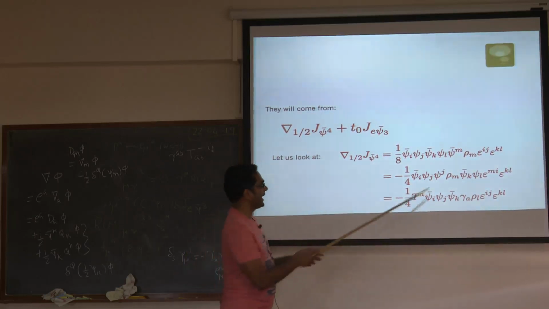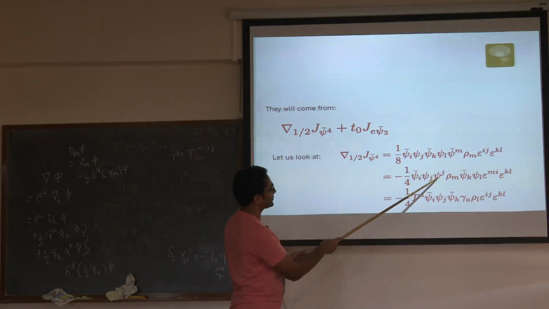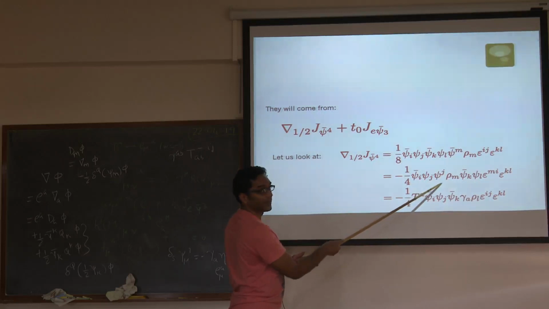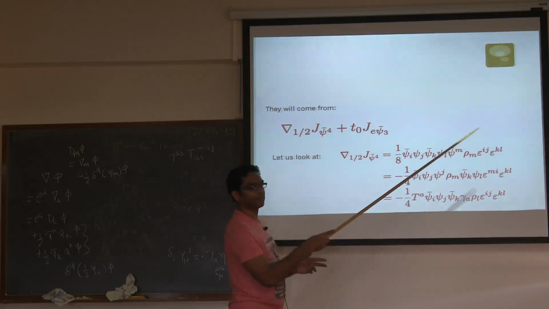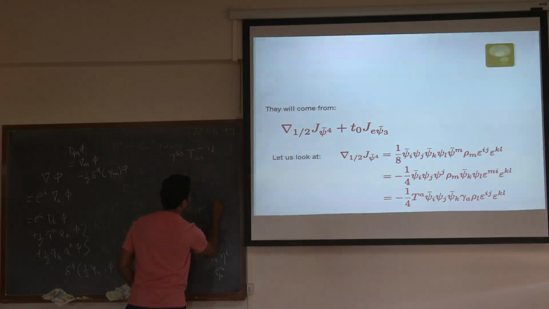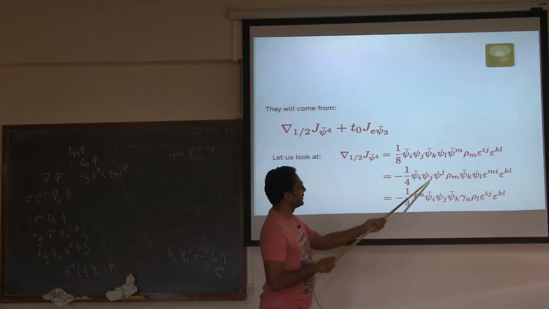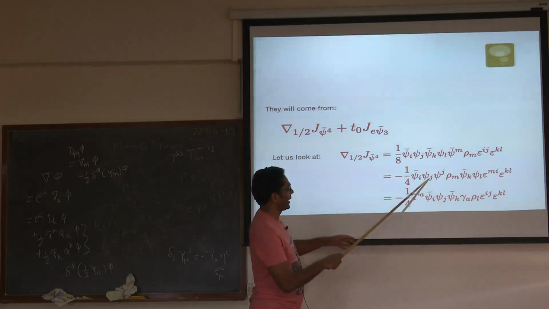Okay. So once I have this ij index here, I can use the Fierzing here to write it as a torsion term Ta, where Ta was defined as minus half psi bar j gamma a psi j. So once you do the Fierzing here, you will extract Ta, and so I have done some Fierzing here.